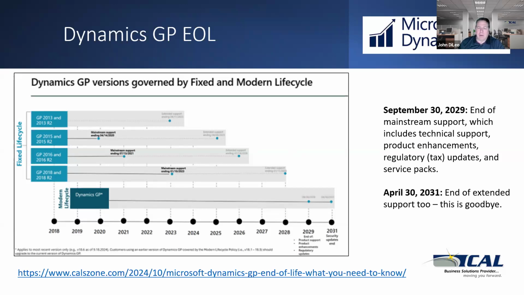You can continue to add new users if you need to. All those things don't change. That would be true through 2029, and up to 2031 still, except that you're no longer going to have those year-end updates between 2029 and 2031. And there is a link in the slide deck to our website, which goes over this in a little more detail.